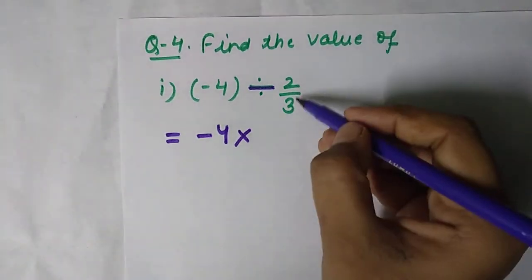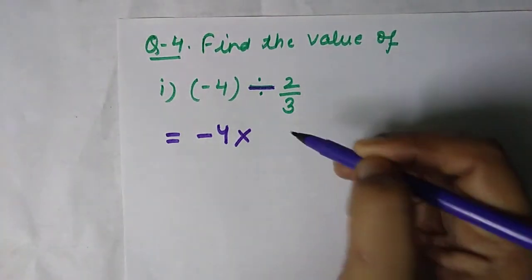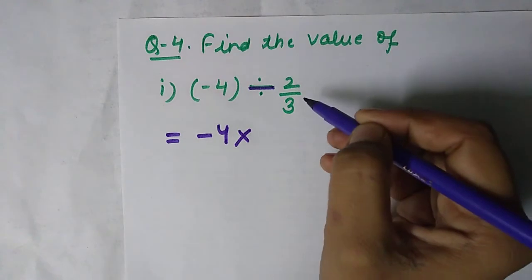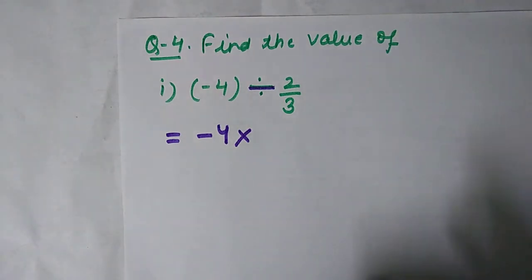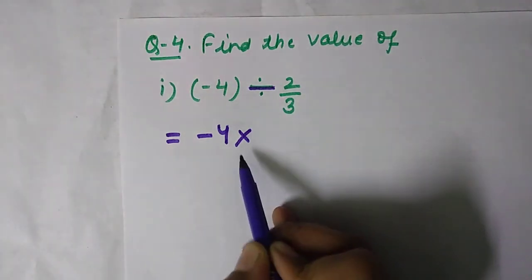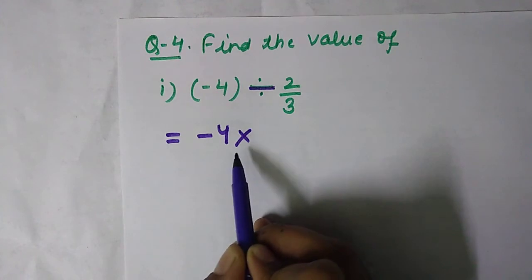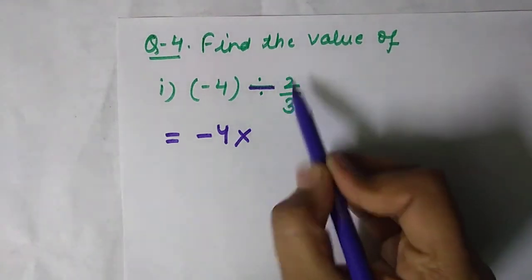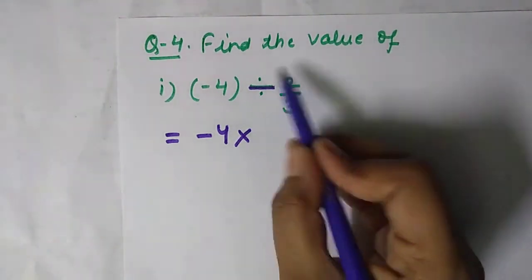Reciprocal means numerator will become denominator and denominator will become numerator. This you have learned in chapter number 2, how to divide the fractions. In division, first you need to convert them into multiplication, and for that you need to take the reciprocal of the term which is just after the division sign.